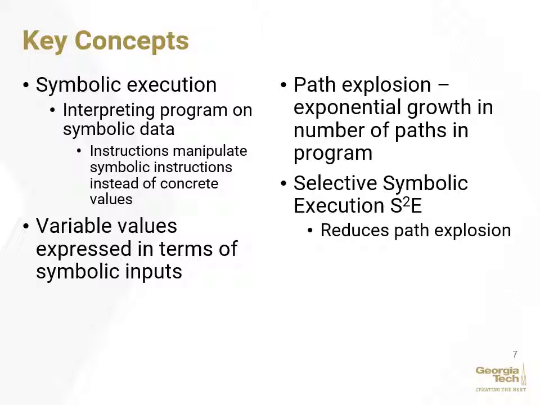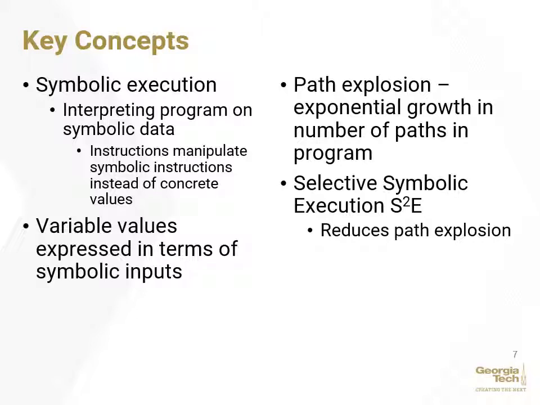So some key concepts: selective symbolic execution, which I will be calling S²E, which is what they came up with. It's centered on interpreting a program on symbolic rather than concrete real data.